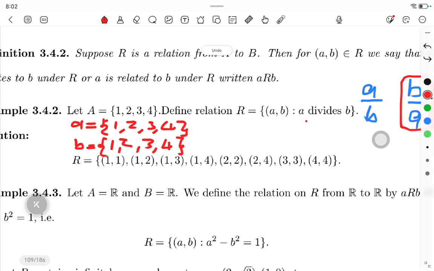For example, does 1 divide 1? Yes, we know it does, so we take (1, 1). Then if I have 2 and 1, can 1 divide 2?